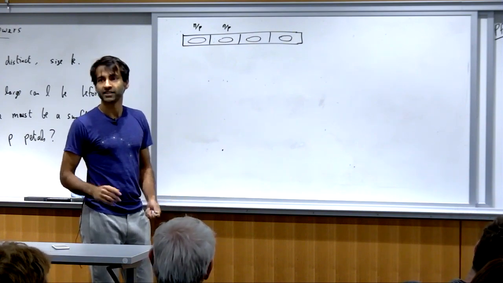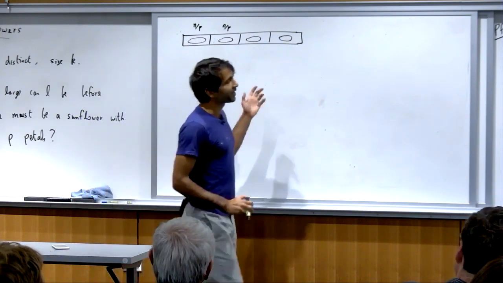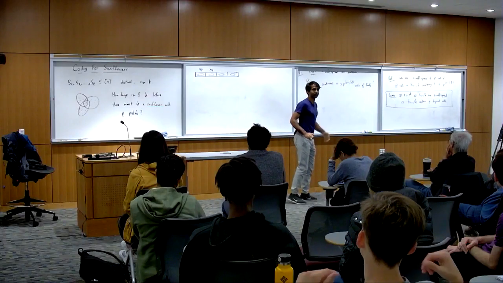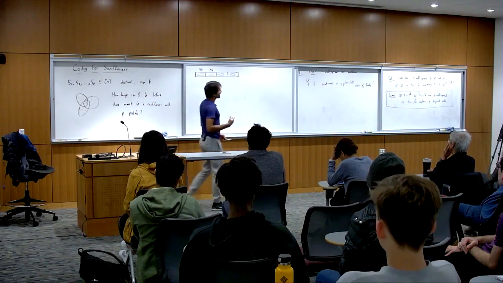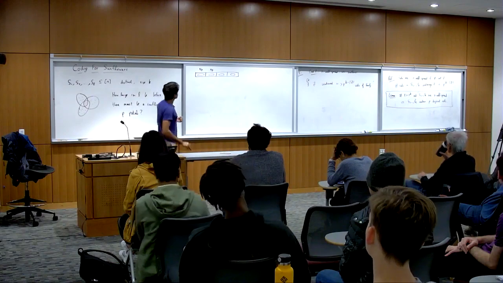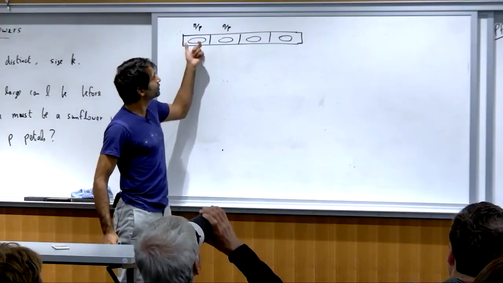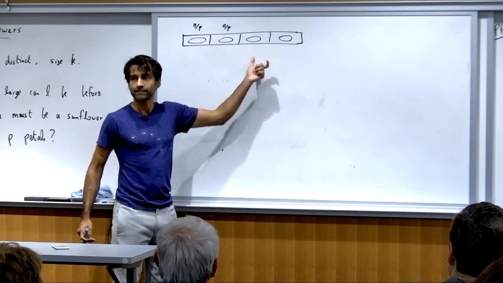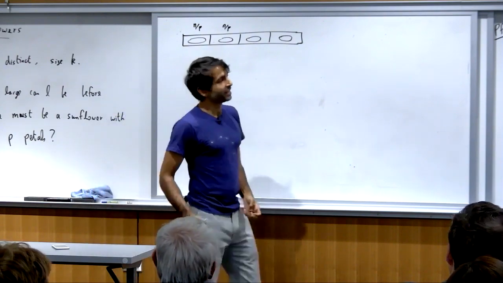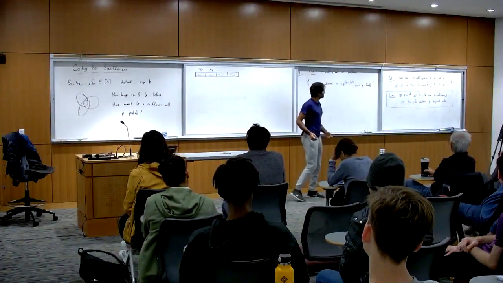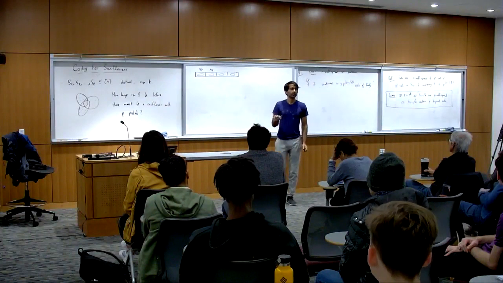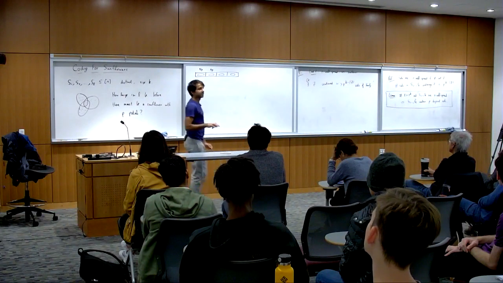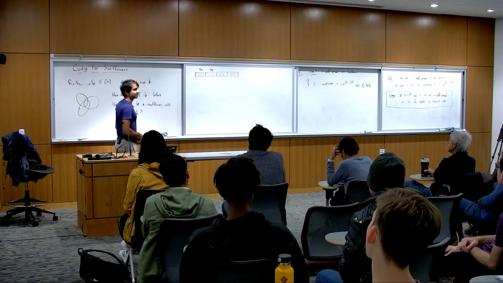So I'm done. So in fact, this is what we'll do. We'll employ a random argument where we take a random partition of the universe into p disjoint sets. And we'll argue that with positive probability, each part of the partition will contain one of the sets of the family. So this will prove that there are p disjoint sets.